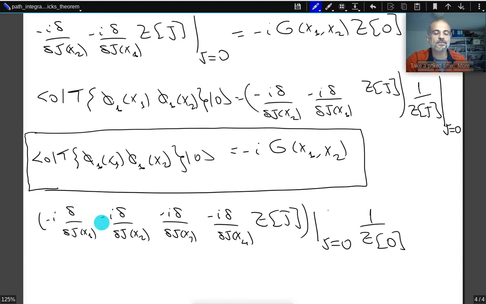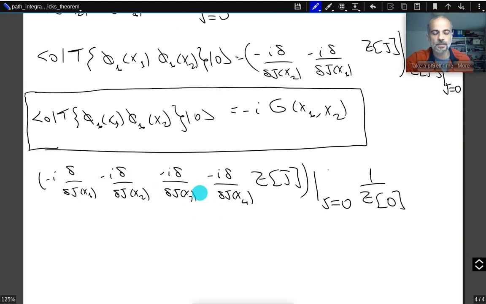If you want to have non-zero contributions, both derivatives should act on the same exponent, and they will give such a factor.